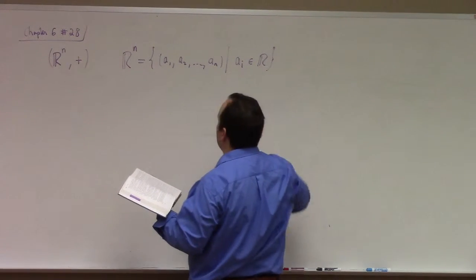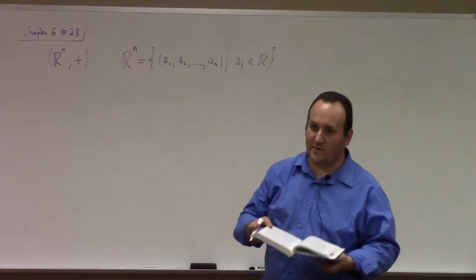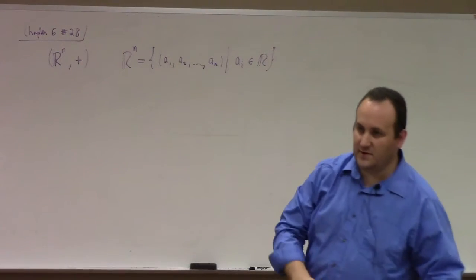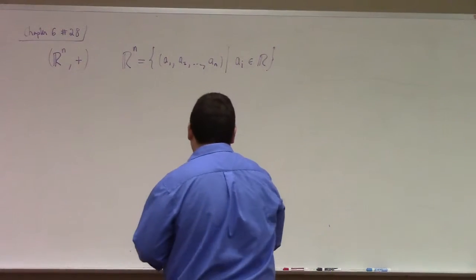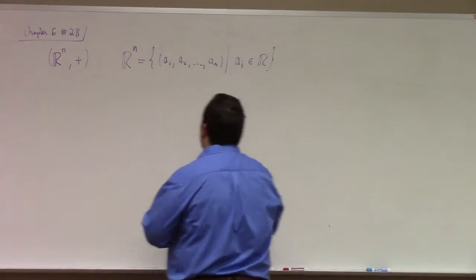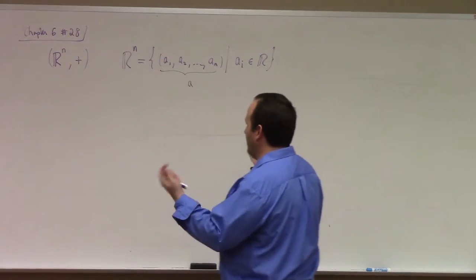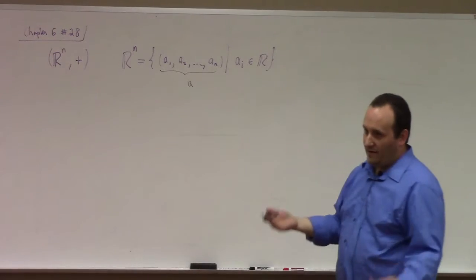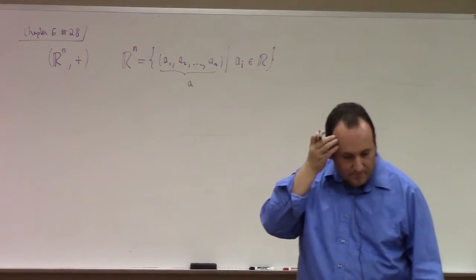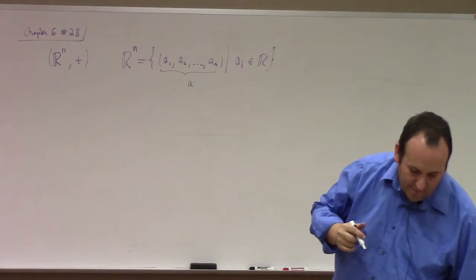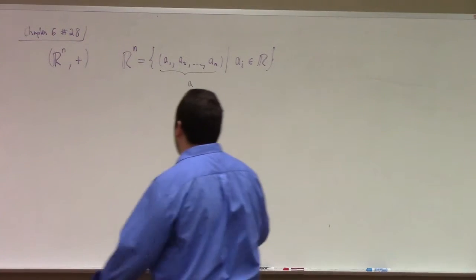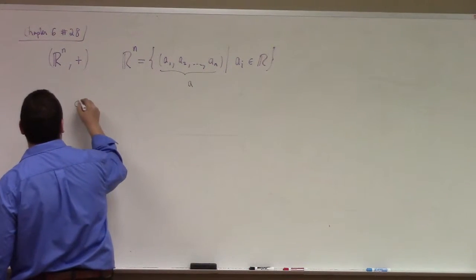We don't write that for an element of Rn, but like this, we denote it by A. It's a vector. And so here he says, show that the mapping, and I'm not going to write the mapping the way he writes it. I'm going to write it in a civilized fashion.